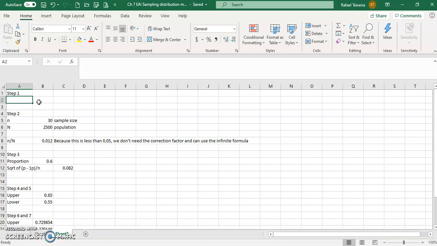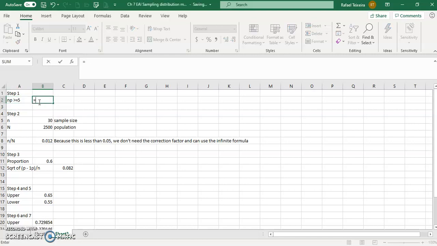First one is to compute n multiplied by p, which has to be higher than or equal to 5. So how do I compute that? n is 30 multiplied by 0.6, that's 18. The second condition is n times (1 minus p) has to be higher than or equal to 5.